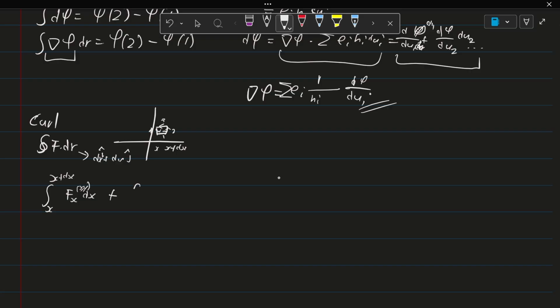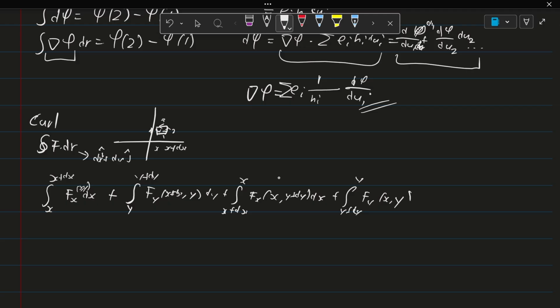This is true for all of the other terms, such as from y to y plus dy, of the fy at x plus dx point y times dy, plus the integral from x plus dx until x of fx at x point y plus dy dx, plus the integral from y plus dy until y of fy at x point y dy.